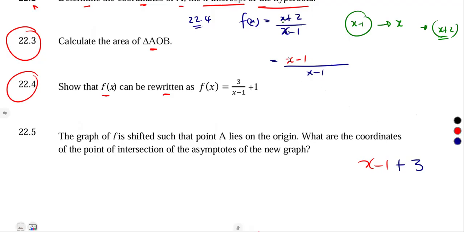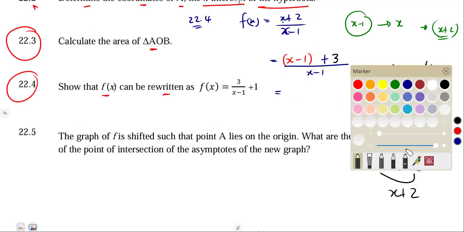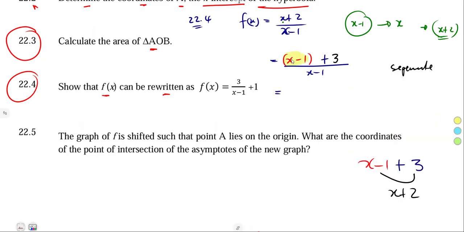So from that expression of x minus 1, we are simply going to add a 3 so that it gives us exactly x plus 2. Then simply separate the terms: x minus 1 as a term, 3 as a term. So it's going to be x minus 1 over x minus 1 plus 3 over x minus 1. This is going to cancel.